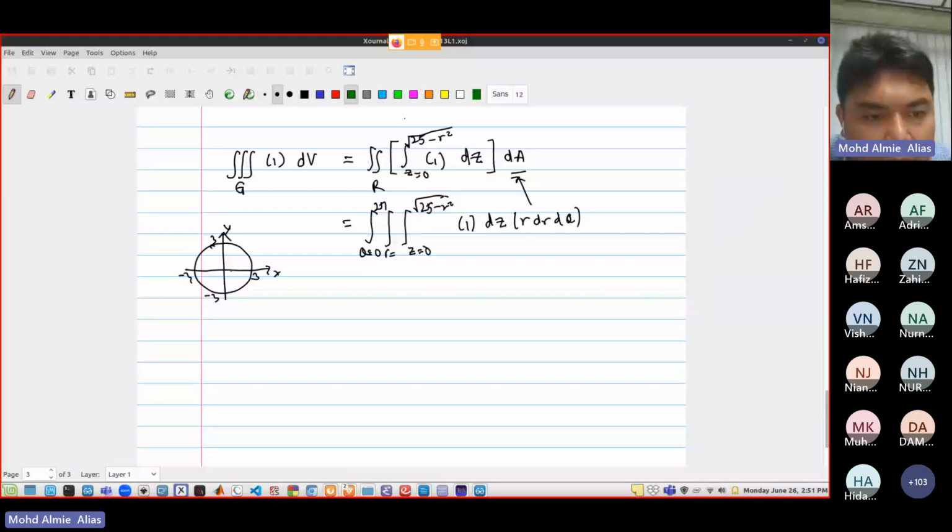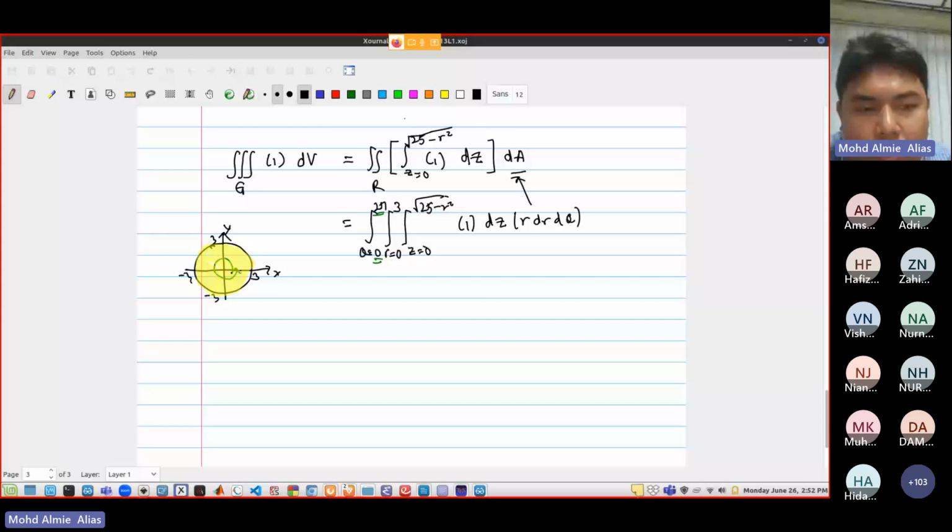So you start from this and you finish the whole thing, which means that your angle is from 0 to theta. And you want all points inside the circle, which means that your r is from 0 to 3.